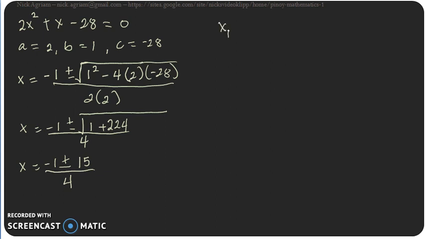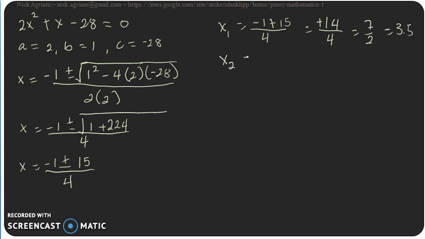So our x sub 1 now is equal to negative 1 plus 15 divided by 4, and that is positive 14 divided by 4, that is 7/2, that is 3.5.